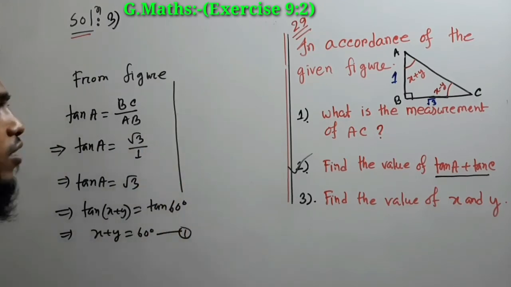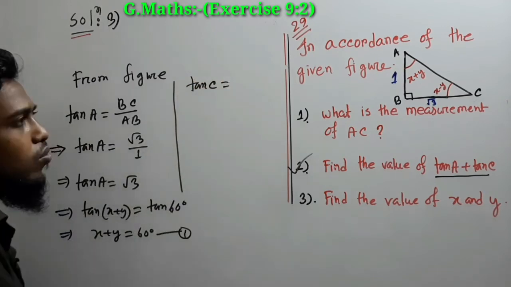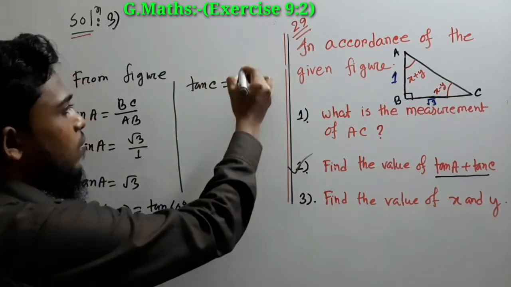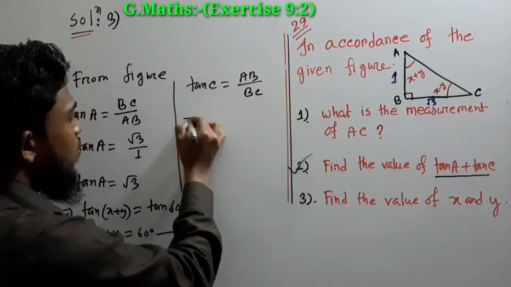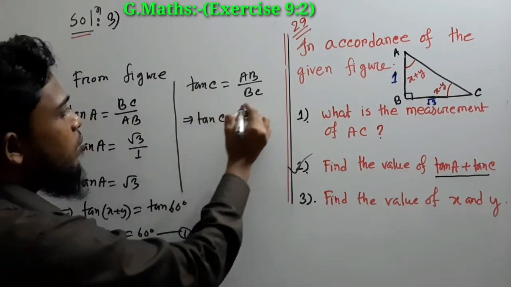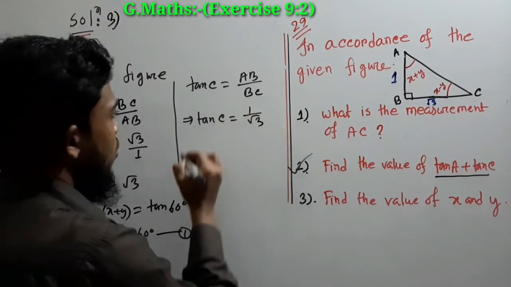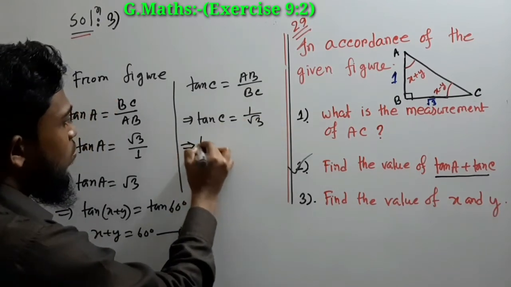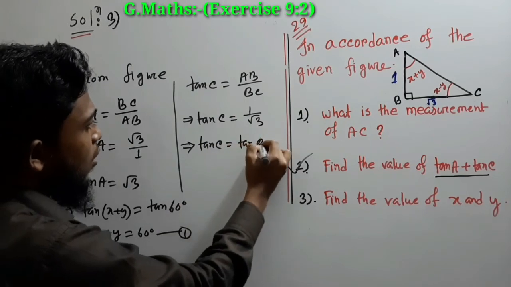Again, for tan C. Tan C equal to AB divided by BC. So tan C equal to the value of AB equal to 1, the value of BC equal to root 3. So tan C equal to tan 30 degree.